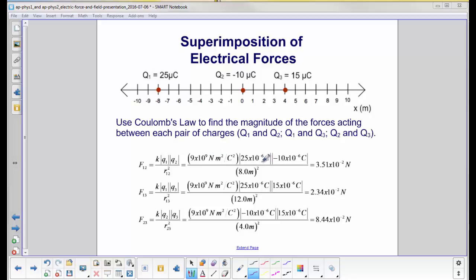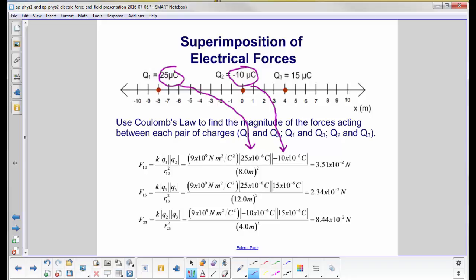We then input Q1, 25 microcoulombs, which is 25 times 10 to the minus 6. Q2 is minus 10 microcoulombs. Put that in here. Notice how we really don't care about the signs. I'm just doing this for mathematical completeness. We're going to take the absolute value, so we're going to wind up with a positive number.